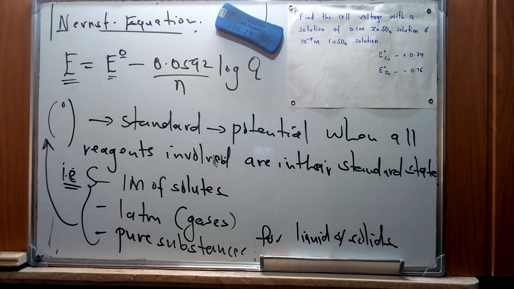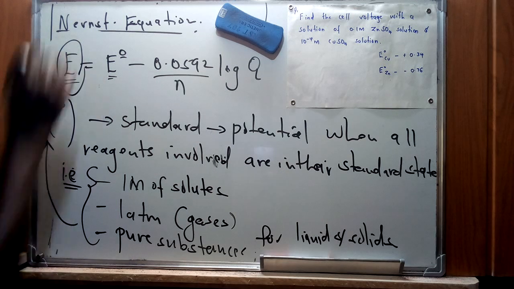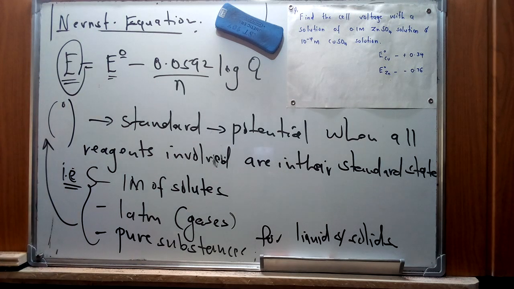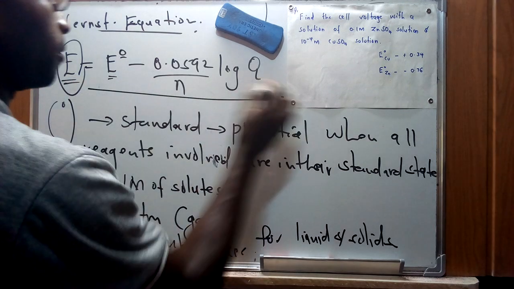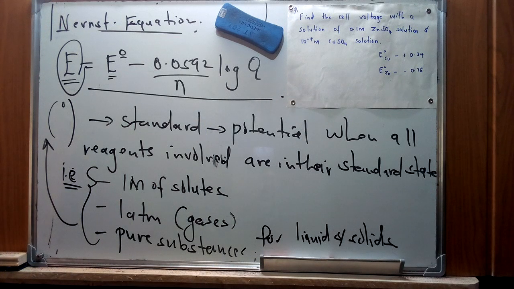As we said when we were looking at the sections of the Nernst equation, we refer to that as the actual potential, and its value can be calculated from these other sections of the equation.